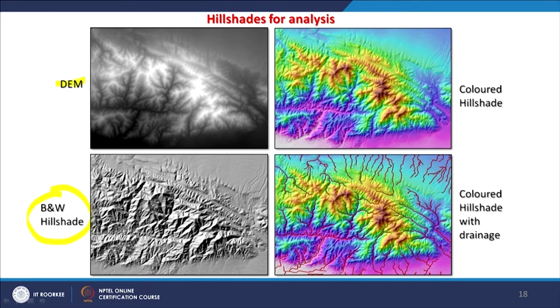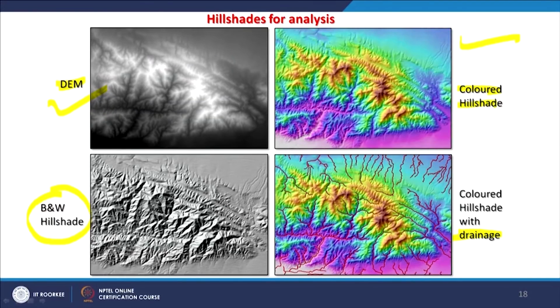So, here again the same digital elevation model which we have taken in our examples, I have created a black and white hillshade, then a colored hillshade is also here, because the top DEM has been assigned a color ramp and the hillshade has been kept in the background, and this DEM has been kept at 50% transparency. So, both are being displayed here. Ultimately, what you are seeing is a hillshade in color. So, it is more useful in that one.